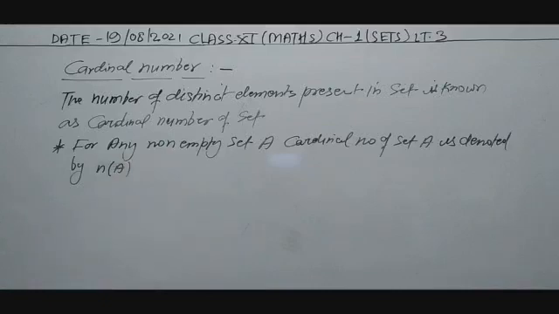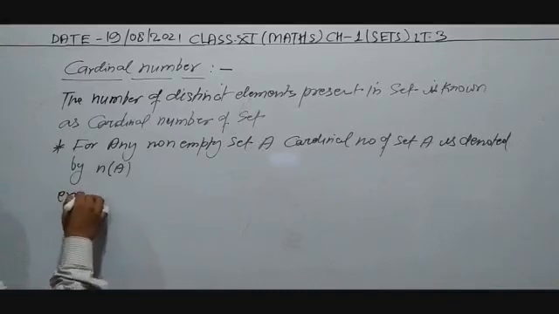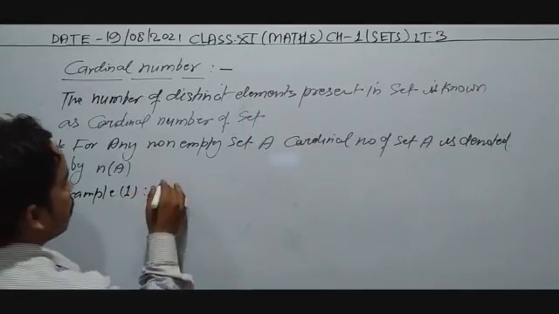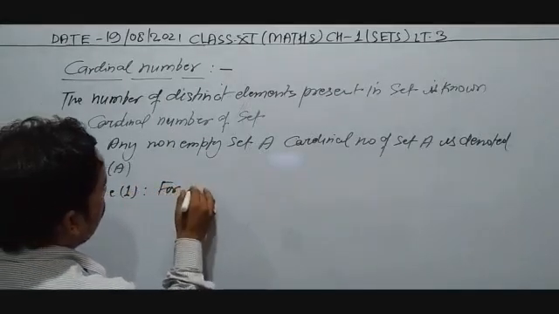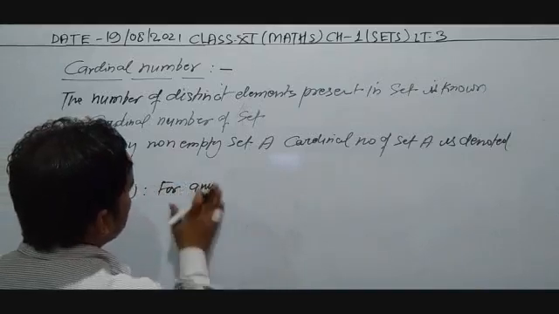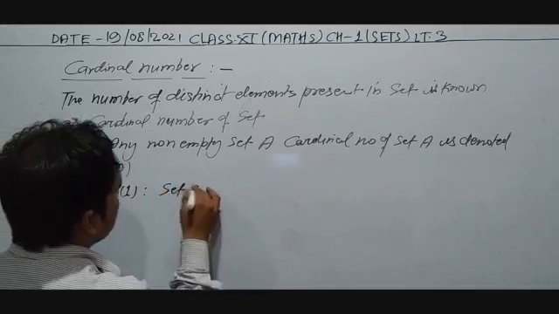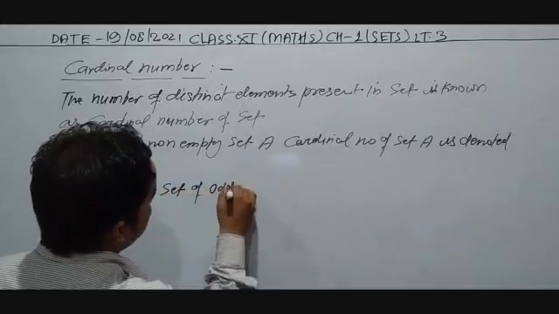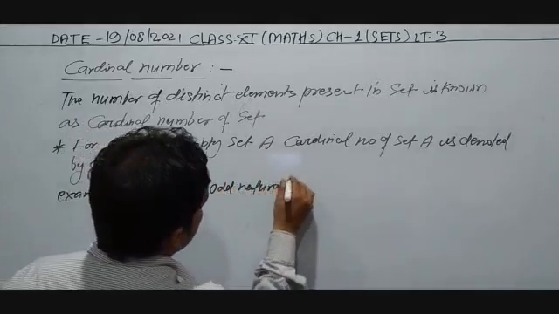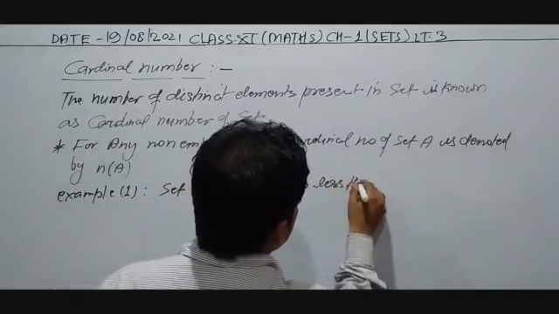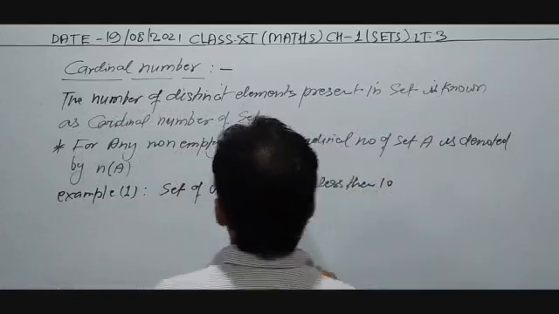Example is, suppose a set of odd natural numbers less than 10.